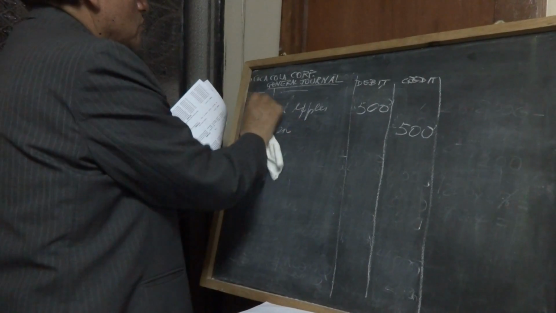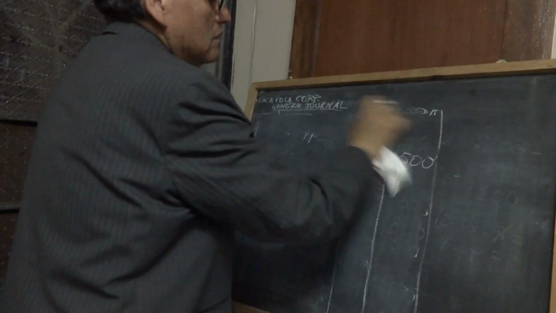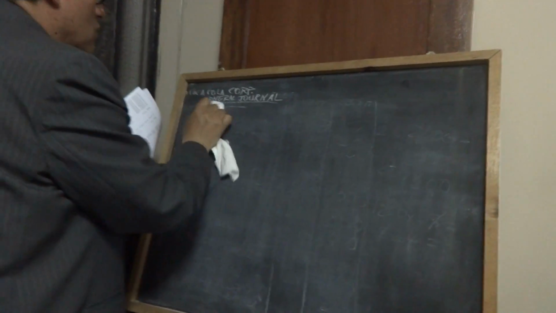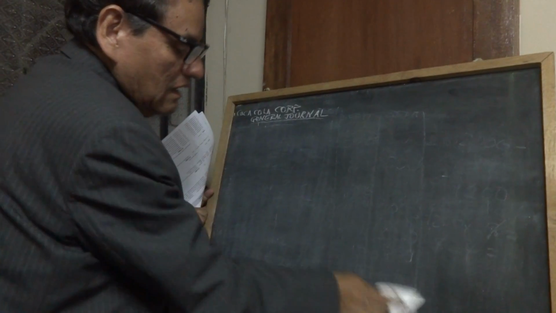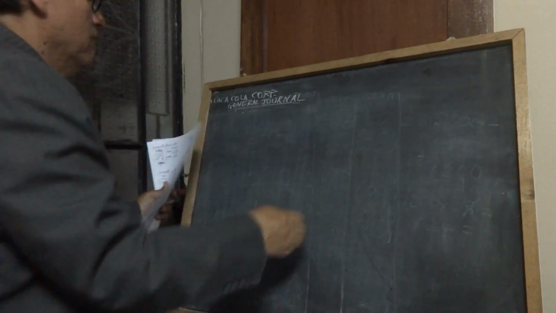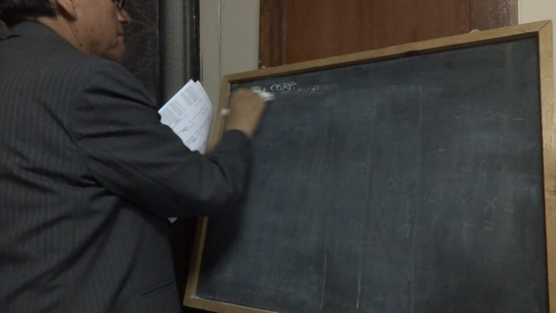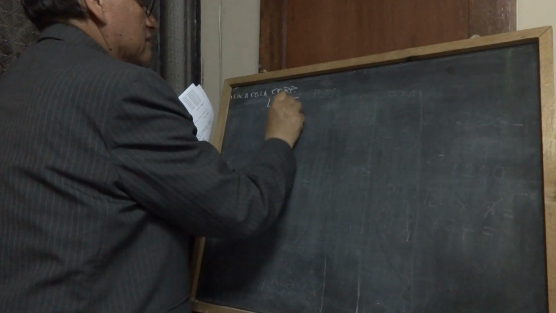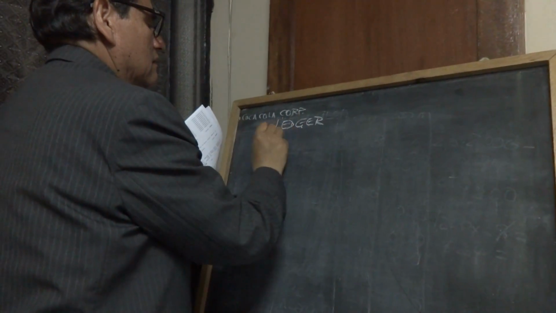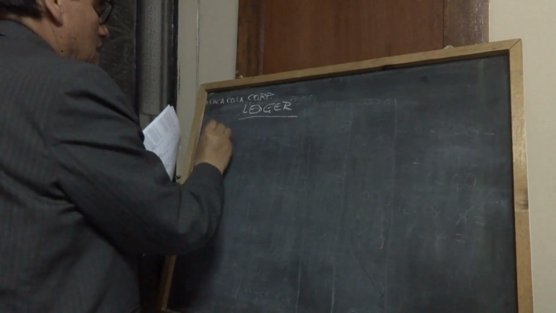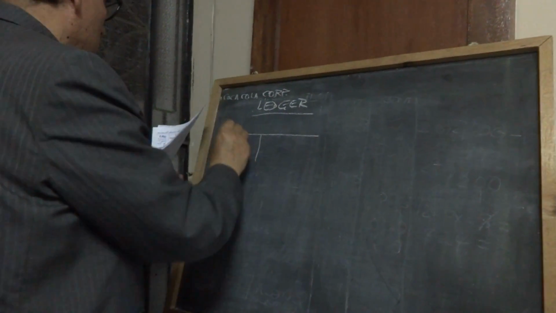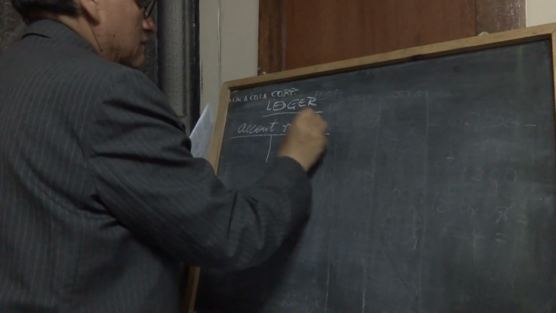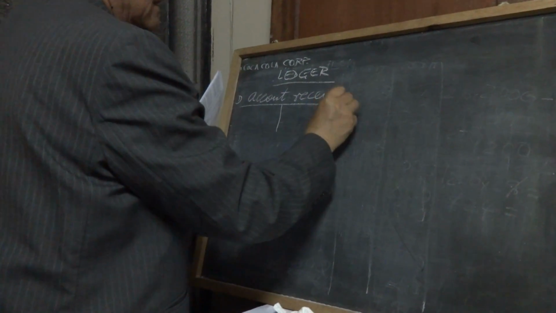Then we are going to ledger all these operations that Coca-Cola Corporation has made. The account receivable is debit, credit.